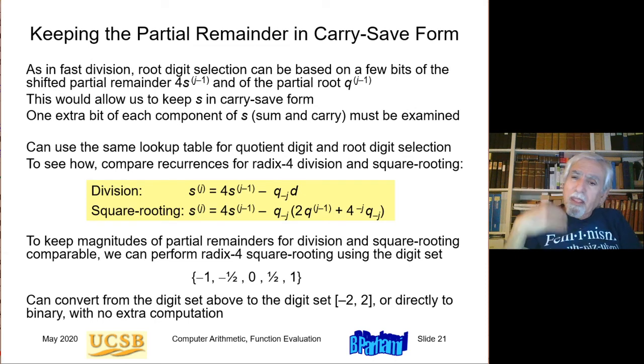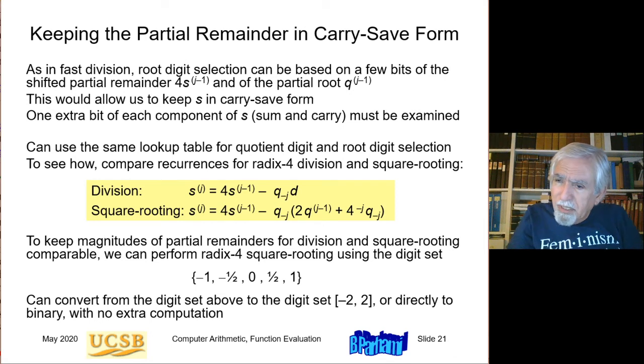Okay? This complicates the result because now we have to estimate the root digit based on 2 numbers. Carry safe partial remainder has 2 components. As in division, we do an approximate estimation by looking at a few bits of the 2 components.